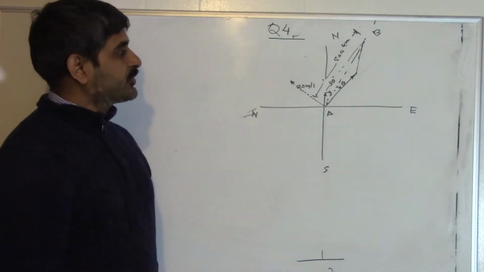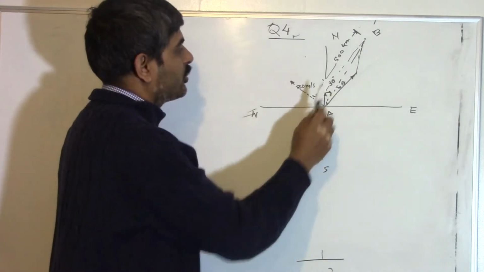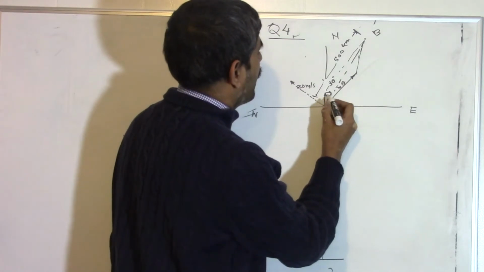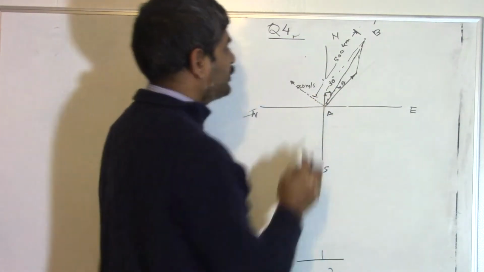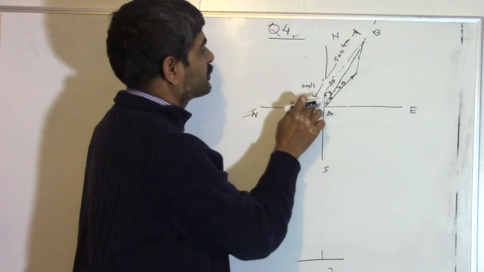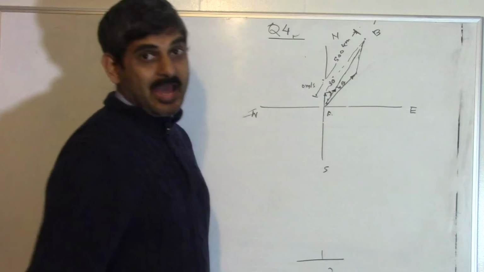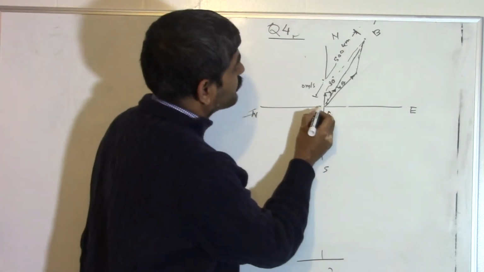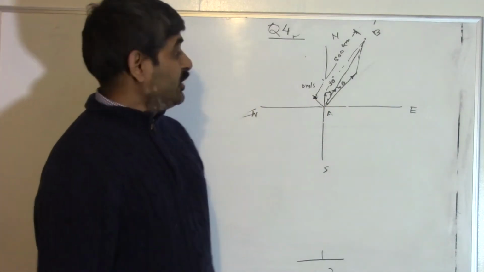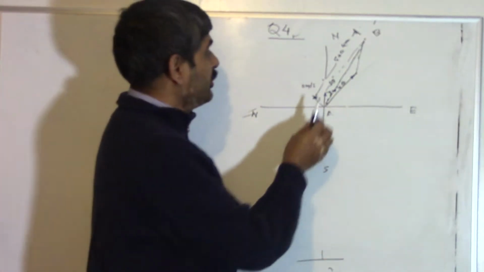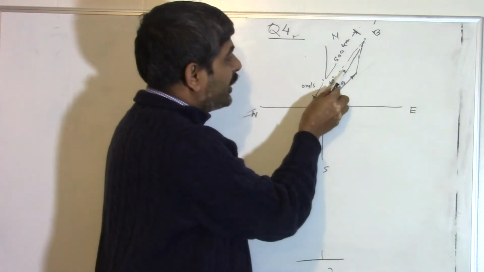Now let's make the two components of this wind velocity. One component is helping the plane move in the direction that it desires, and another component is working perpendicular to that. If there is any component of the wind working perpendicular to this direction, it will drift the plane from here.